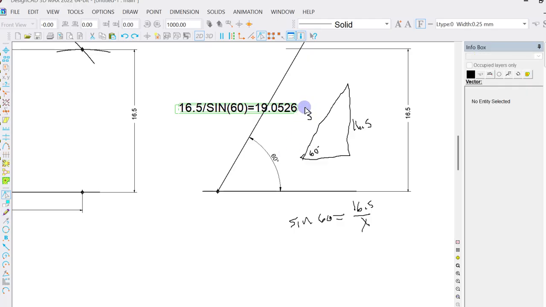No, 19.052. This one here. So you could go tools, you could use the Pythagorean theorem.